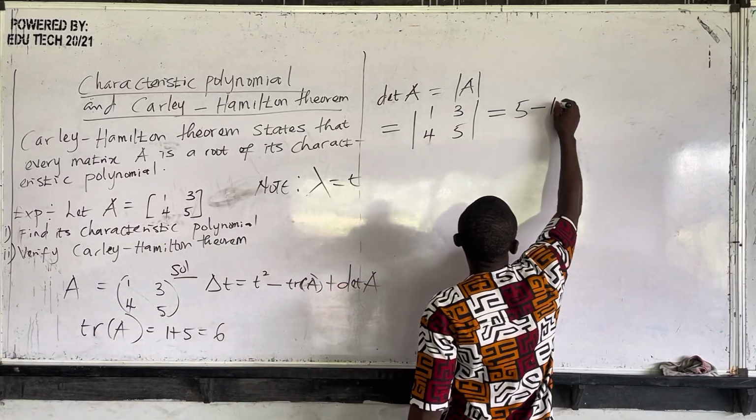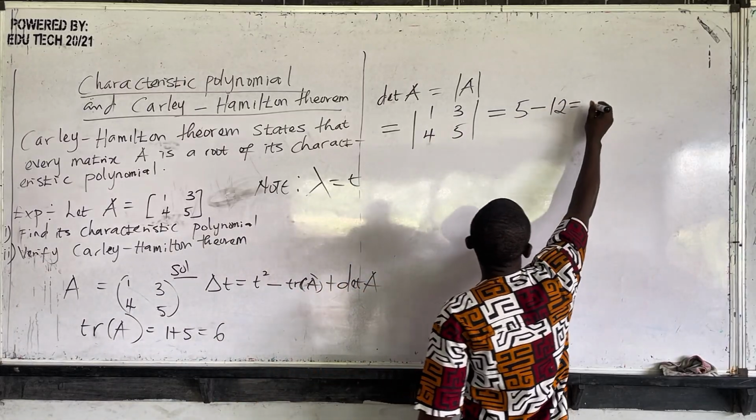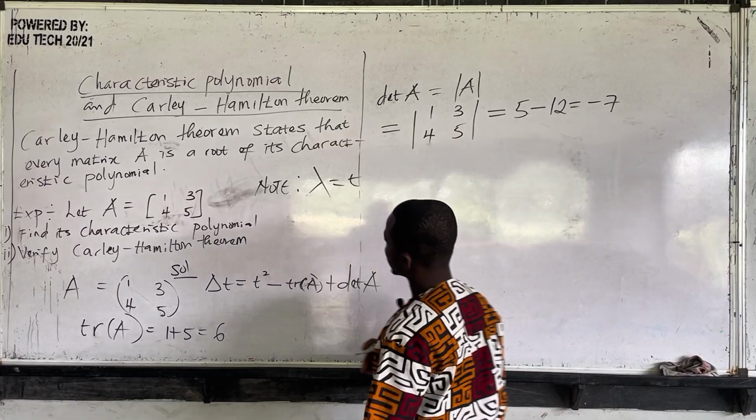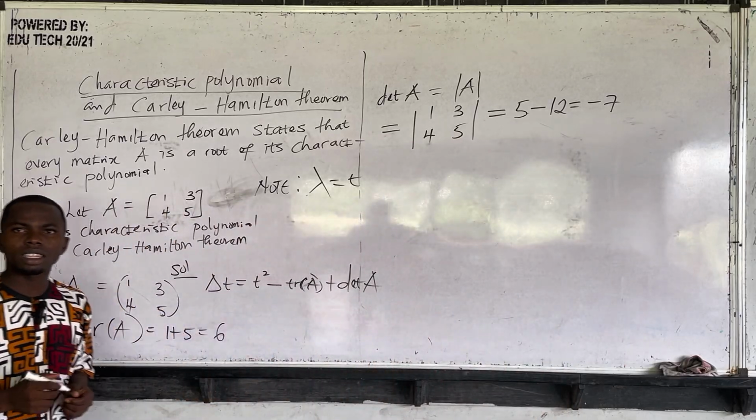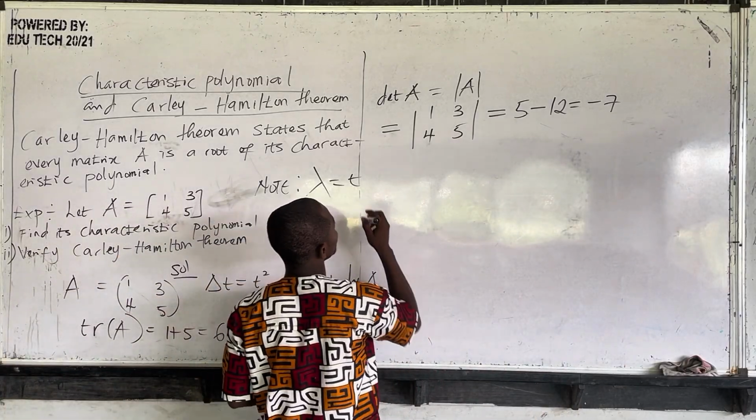That is 5 minus 12, which gives minus 7. Which means the determinant of matrix A is minus 7.